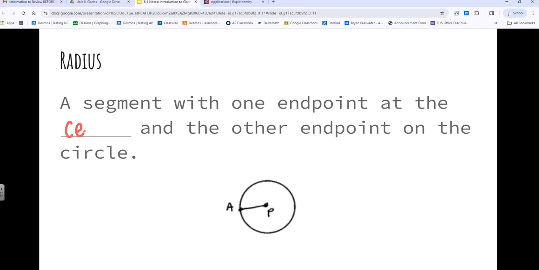Center. So one of the endpoints of a radius is at the center. The other is somewhere over here on the circle. So it's just a line from the center to the edge of the circle. We might not be able to write down a definition, but we should be able to identify a radius already.